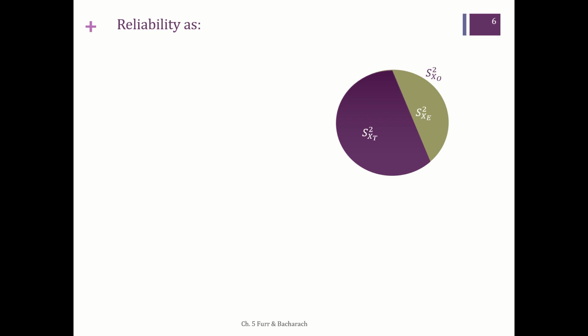Alright, now that we have all those assumptions out of the way, now that we refreshed classical test theory a little bit, let's look at reliability. Like I said, reliability just comes down to to what degree is my test measuring the same thing over and over again.